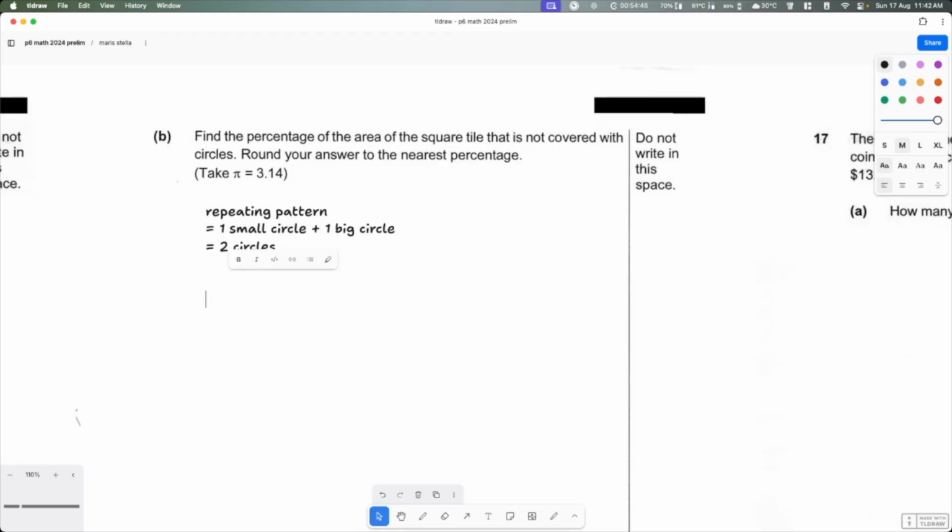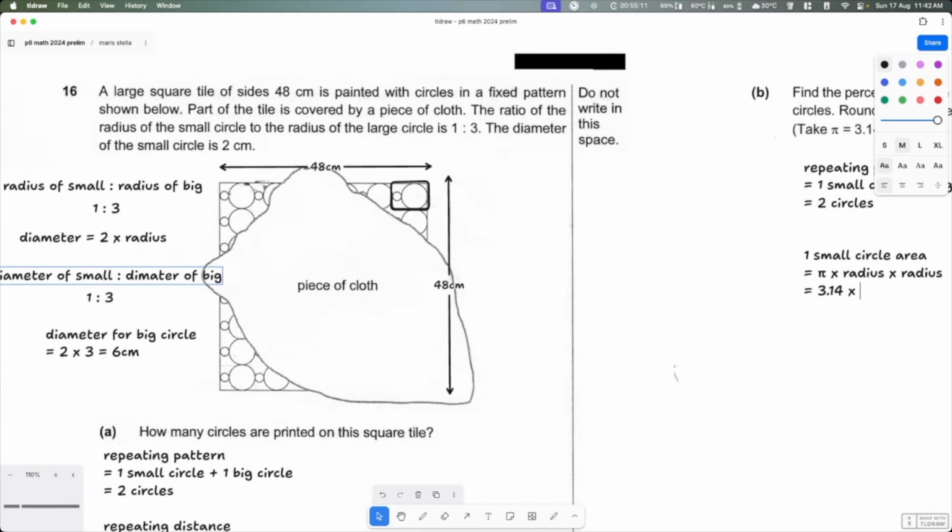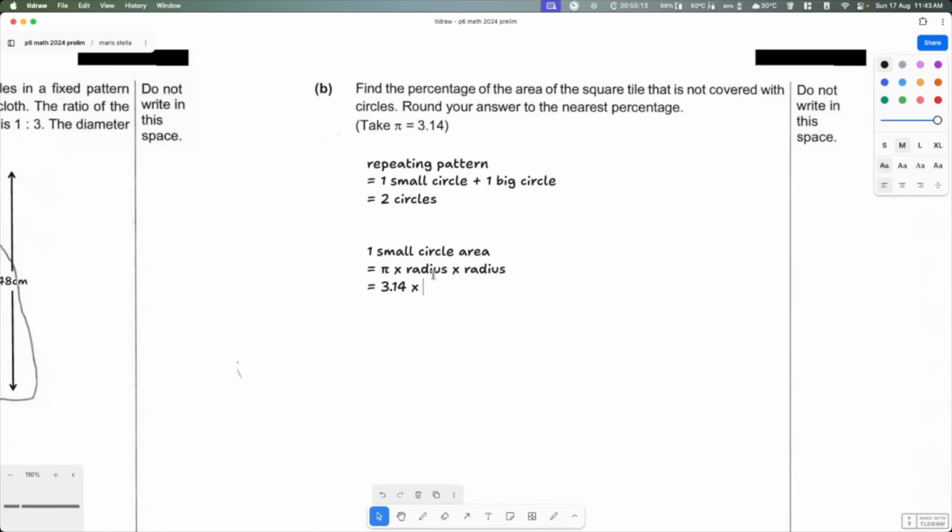For that, the area of one small circle: the area of a circle is pi times radius times radius. Pi is 3.14, and the radius of the small circle is 2, so 2 times 2.